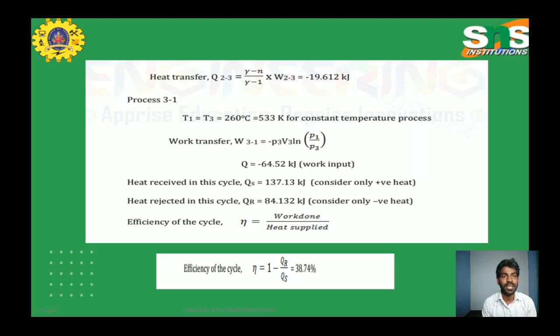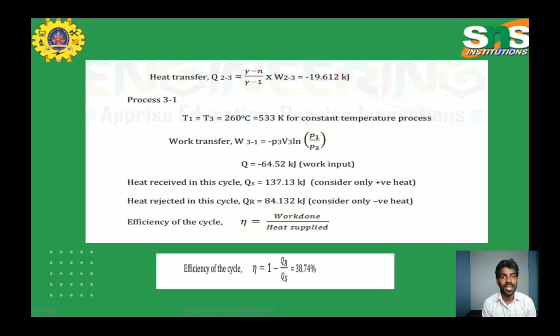Here is the basic formula of work done: P3 V3 ln (P1 by P2). The heat received in this cycle is indicated as QS, and the heat rejected in this cycle is indicated as QR. So the positive value is considered as heat received and the negative value is considered as heat rejection.